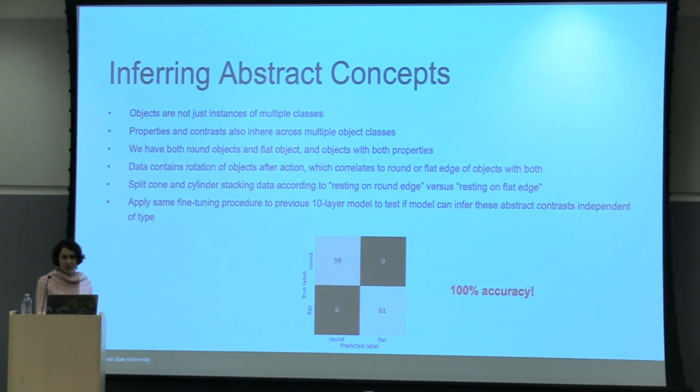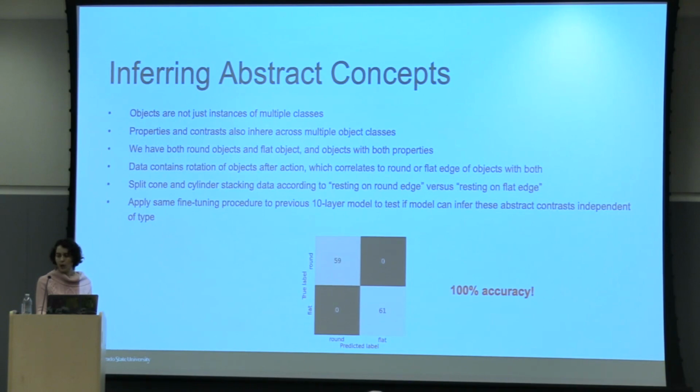And there are objects in our environment that have both round and flat properties, such as cone and cylinder. The data that we collect contains the rotation of the object after action, and this has a direct correlation with the round and flat edge of our object.